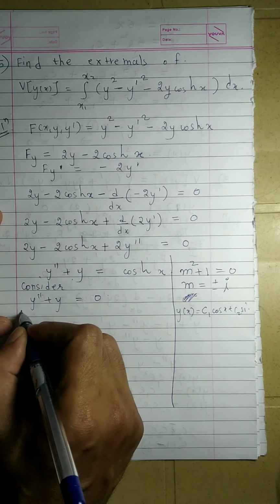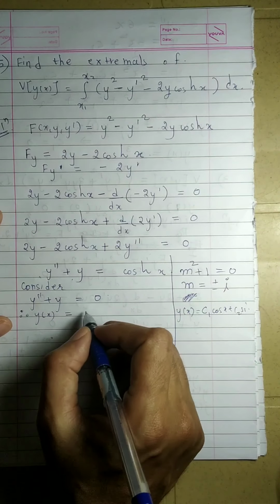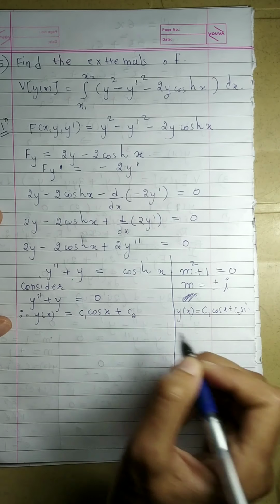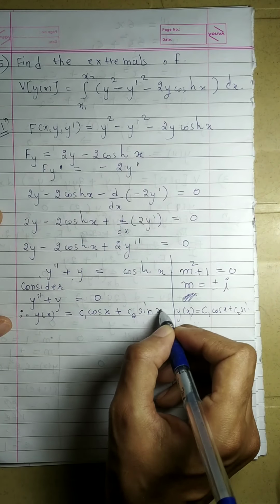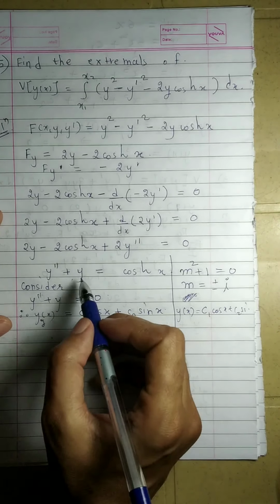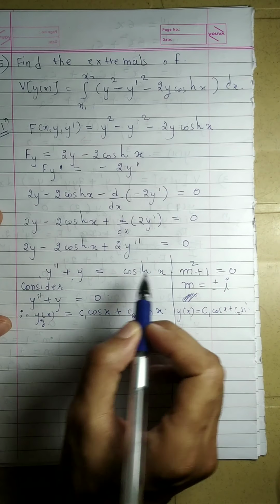Therefore y of x is equal to c1 cos of x plus c2 sin of x, the general solution.